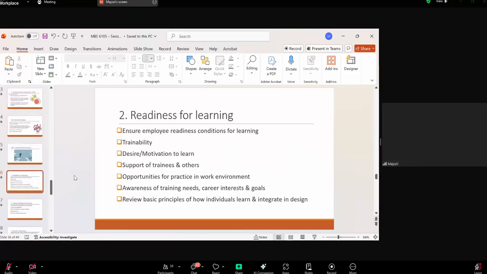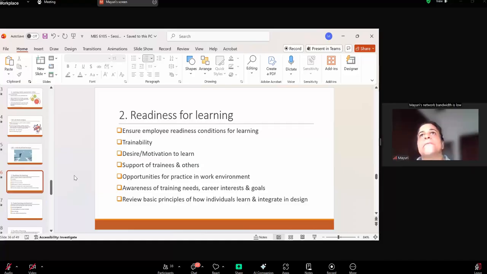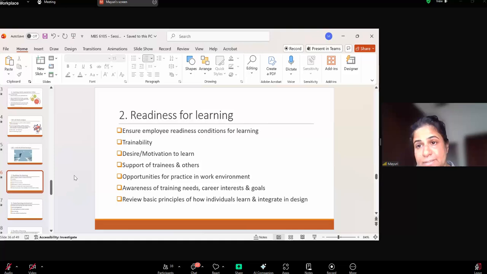Now we are coming to the second one. Usually I give you the question, conduct a learning need analysis. When the question is asked like this, you have to do both learning gap analysis and learning level analysis, right?